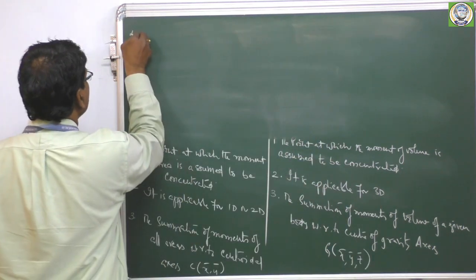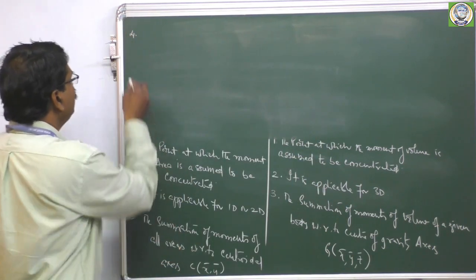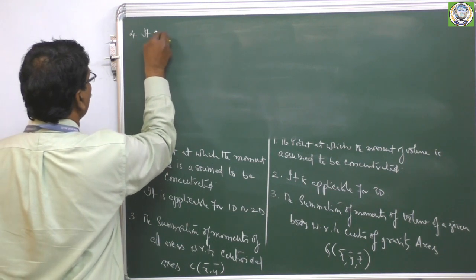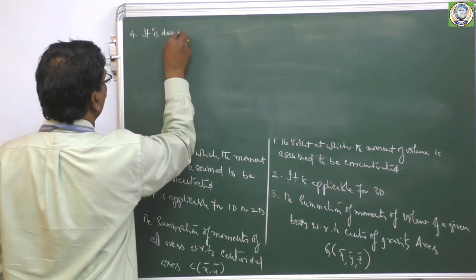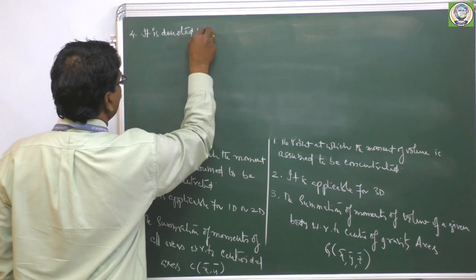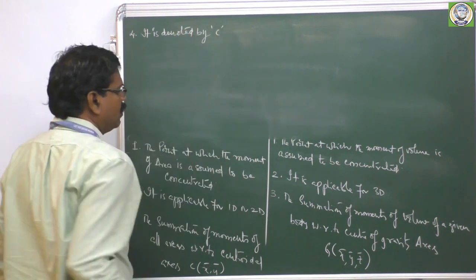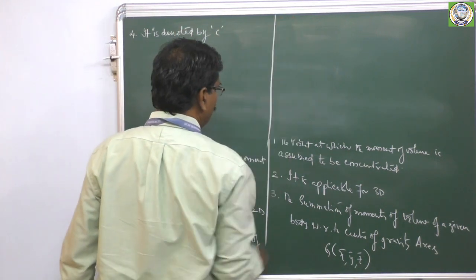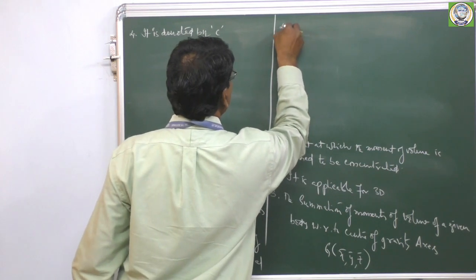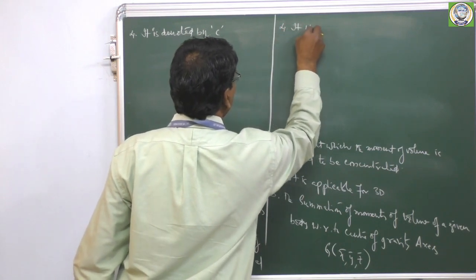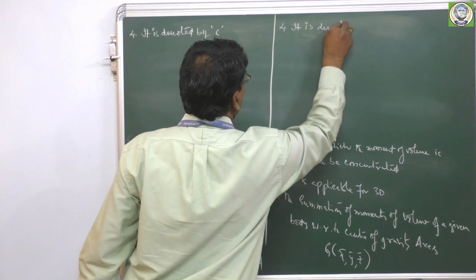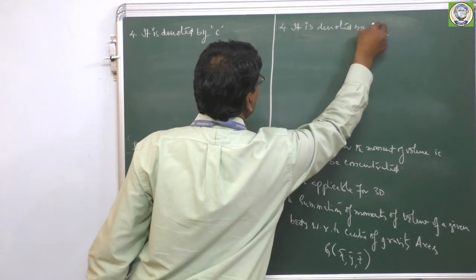The fourth difference is it is denoted by C, and the fourth difference in center of gravity is it is denoted by G.